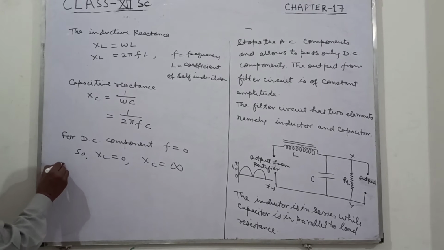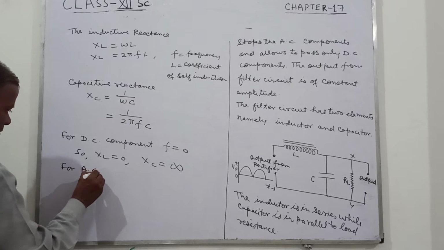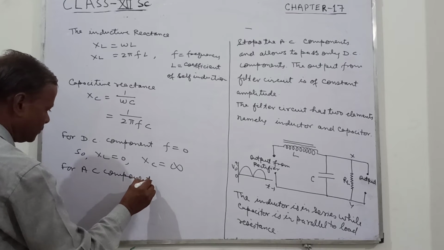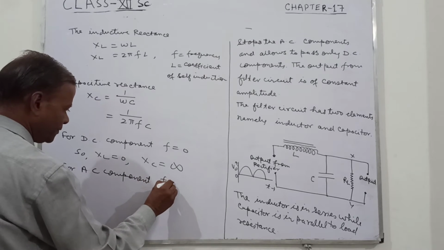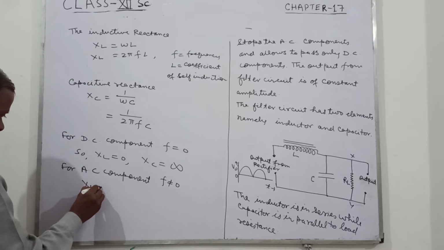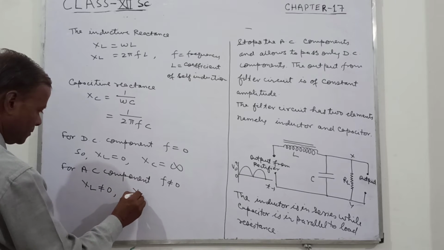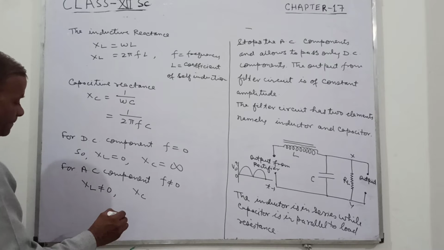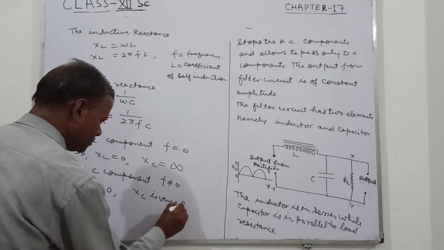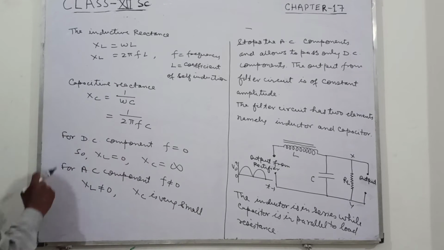And for AC component, f is not equal to 0, so XL is not equal to 0 and XC is very small, because if we put the value here, then XC will come out to be less.